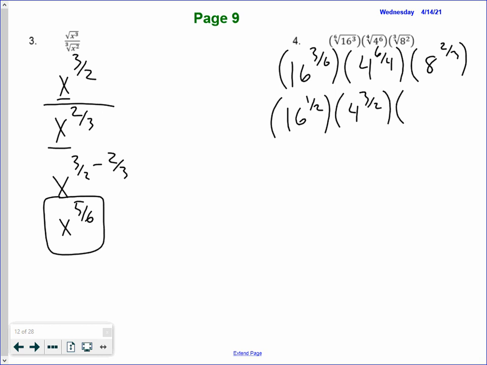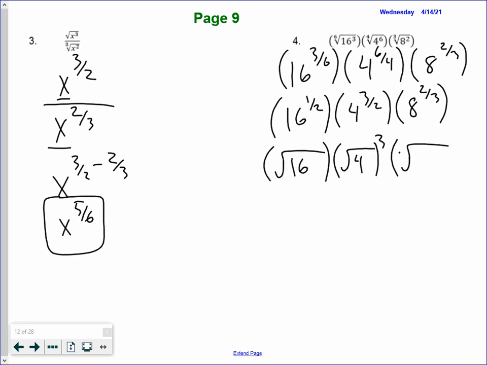And 8 to the 2/3 is just going to be 8 to the 2/3. So the square root of 16 times the square root of 4 raised to the 3rd power times the 3rd root of 8 all squared. We're just changing the form back to a radical expression so we can simplify it out from here.